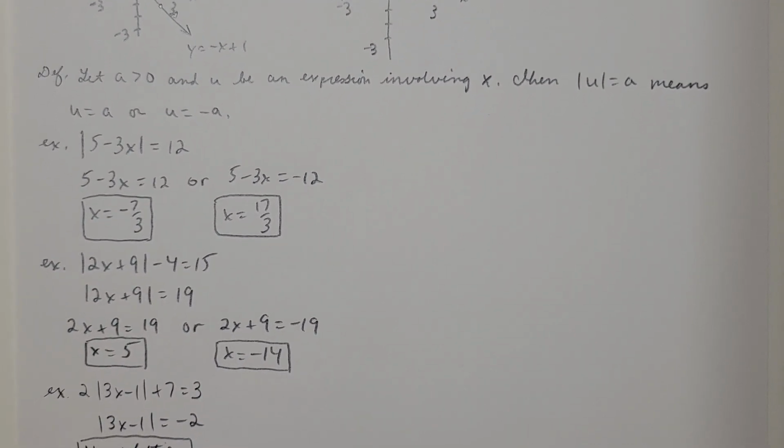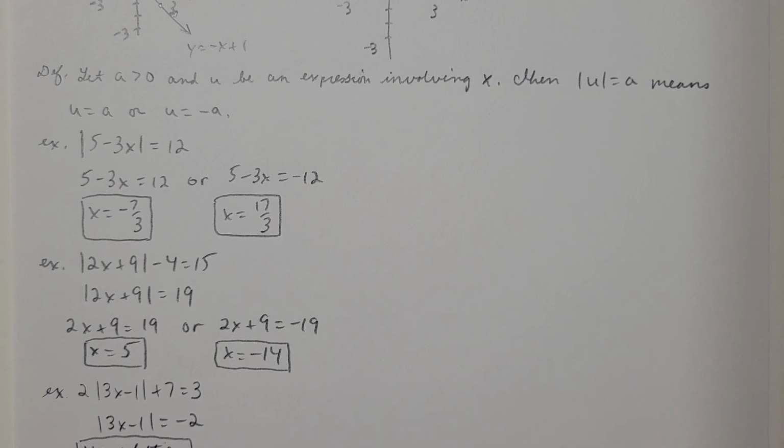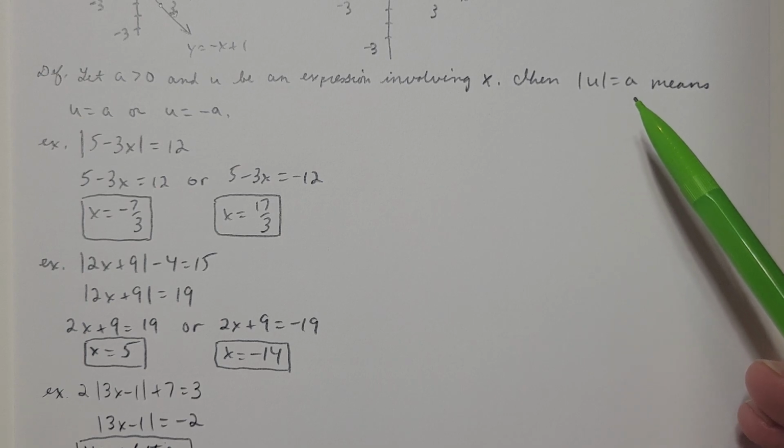There's a definition there: let A be some positive number and U be an expression involving x. Then the absolute value of U equals A means that U is equal to A or U is equal to negative A. So whenever I'm solving an absolute value equation and I plan to lose the absolute value bars, I must write down two equations.